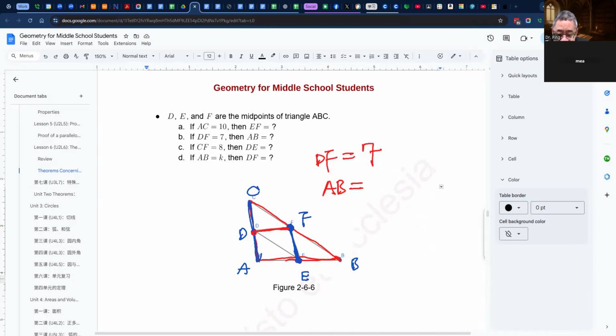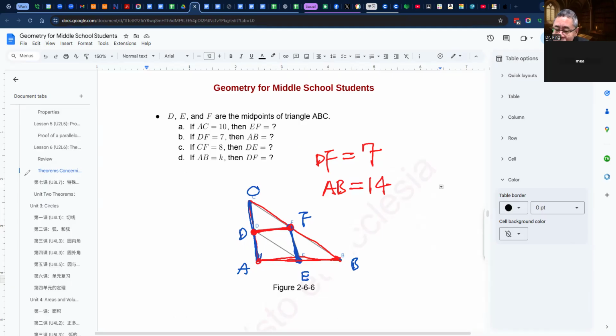Again, D is the midpoint, F is the midpoint, so we connect them like that. What's the relationship between DF and AB? Right, AB is twice that, which is 14.